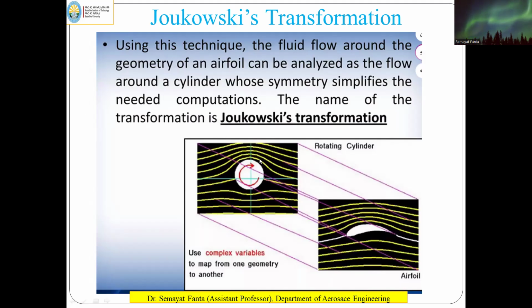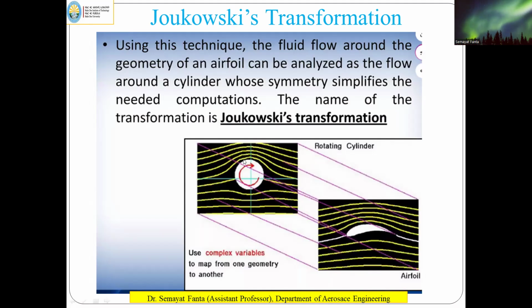For the transformation, we have here the Z plane. The flow over the rotating circular cylinder is in the XY plane, which we call the Z plane. Then the aerofoil is transformed to the W plane. So this is the W plane, and this is the Z plane. We use complex variables to map from one geometry to another.